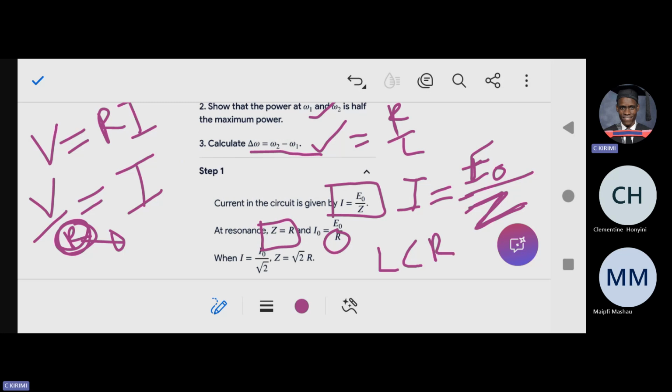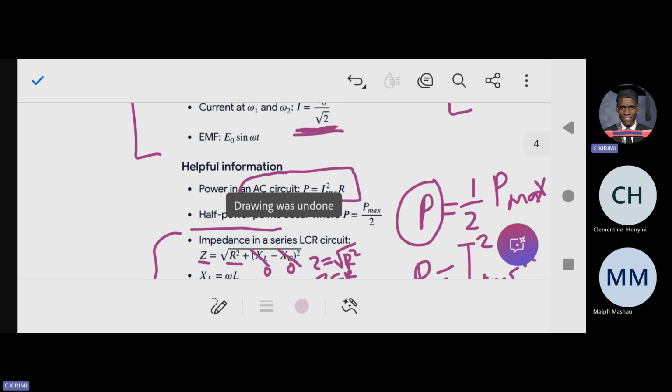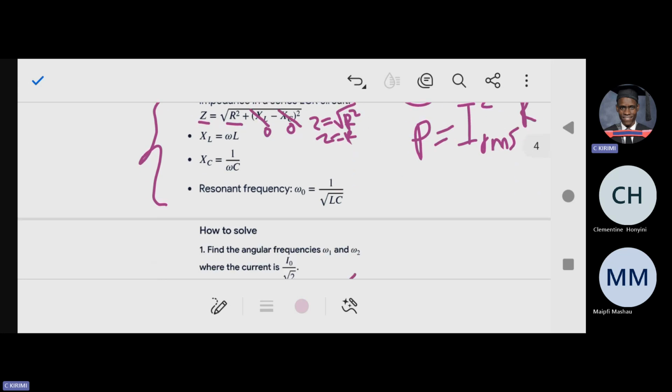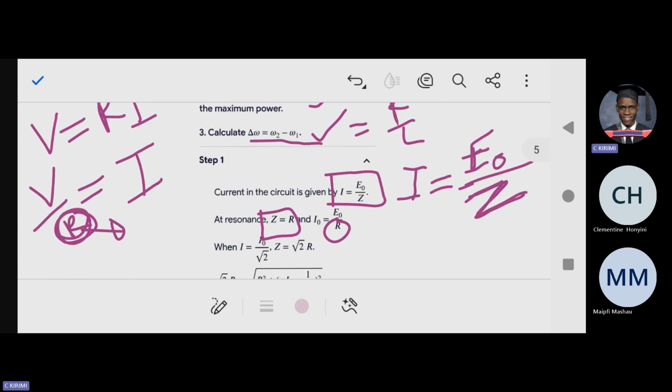That's why you are using Z for impedance. But at resonance, everything becomes 0. These ones, they are becoming 0. That's why Z is only going to become the square root of R squared, which is Z equal to R. That's where we are here. Any questions so far?